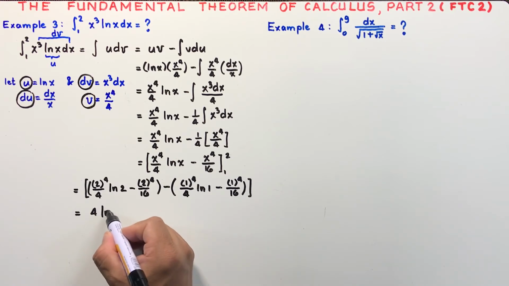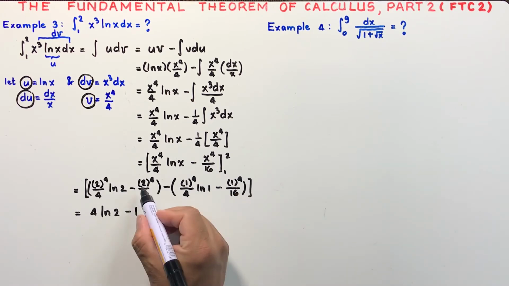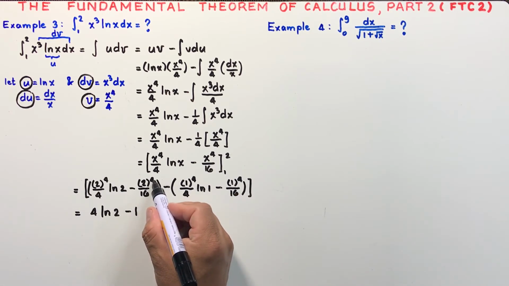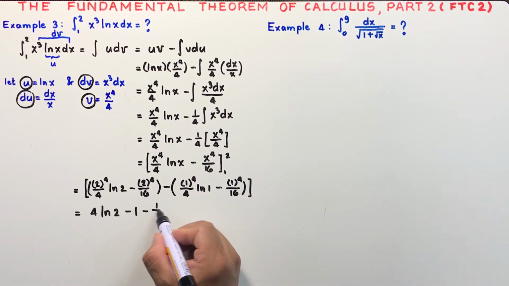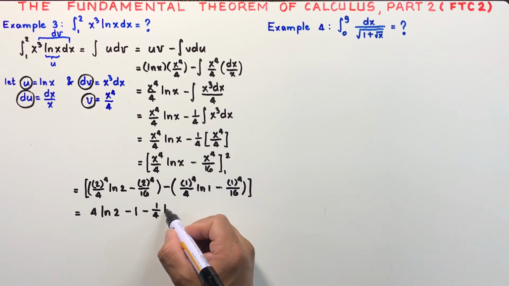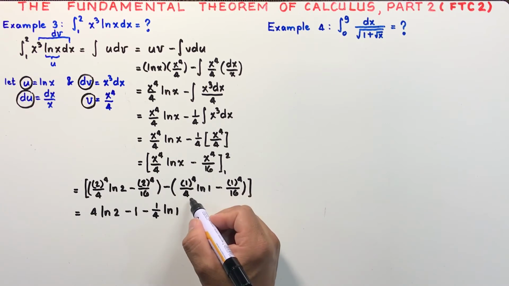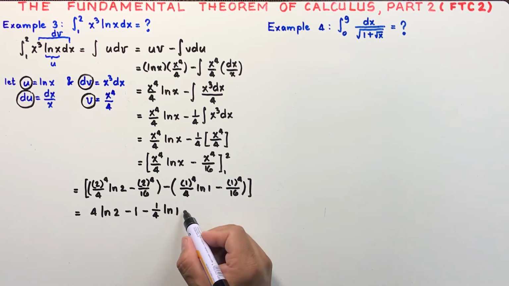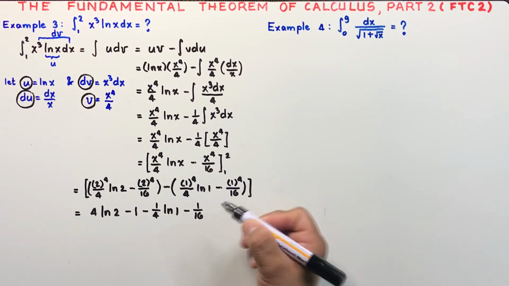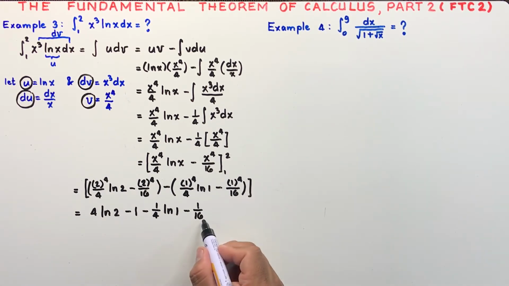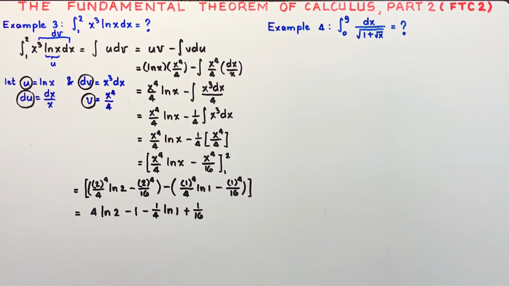So this is multiplied by ln 2 minus 1 because 2 to the power 4 is 16 and 16 divided by 16 is 1, minus 1/4 times ln 1 because 1 to the power of 4 is 1 and 1 divided by 4 is 1/4 and multiplied to ln 1, minus 1 over 16 because this one is 1 over 16. But remember, the negative of the negative is positive here.